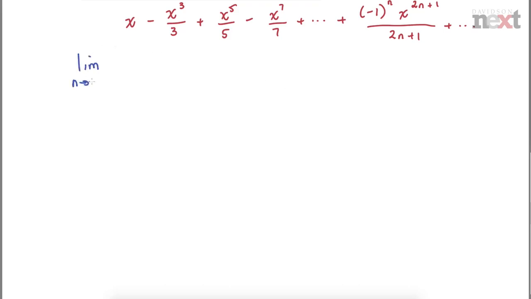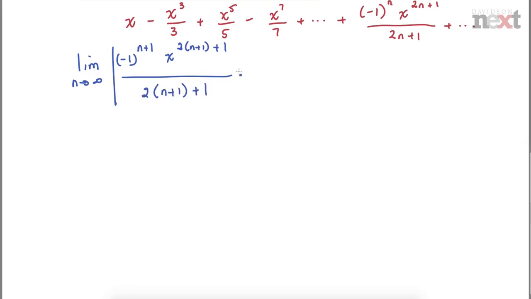Limit as n goes to infinity, the absolute value of the n plus first term, so we replace all the n's in our expression with n plus 1. Negative 1 to the n plus 1, x to the 2n plus 1 over 2n plus 1 plus 1.